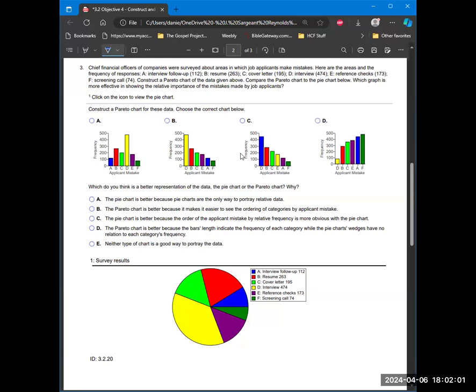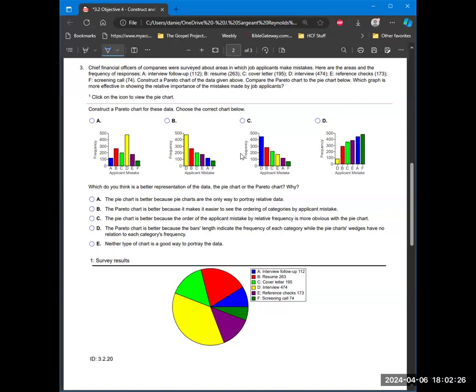D, interview was 474. E, reference checks 173. F, screening calls 74. Construct a Pareto chart of the data given above. Compare the Pareto chart to the pie chart below. Which graph is more effective in showing the relative importance of the mistakes made by job applicants?